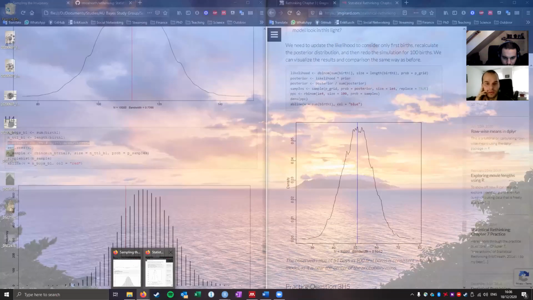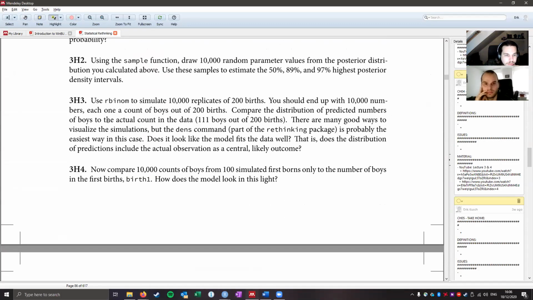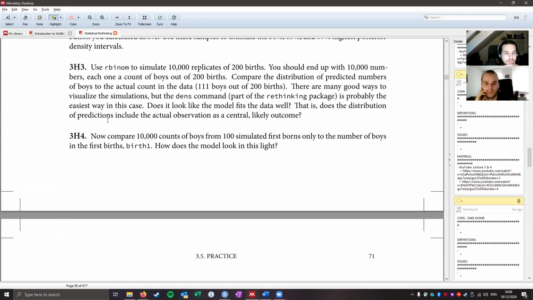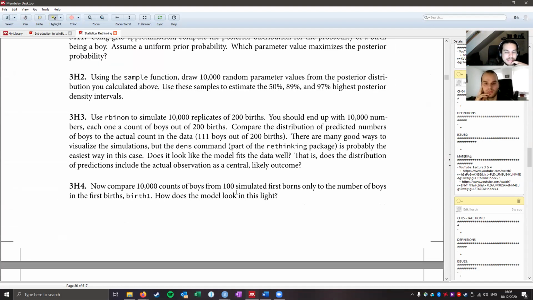Let me quickly have a look at how the question was phrased again. Now compare 10,000 counts of boys from 100 simulated firstborns only to the number of boys in the first birth. Yeah, I think I see what happened here.